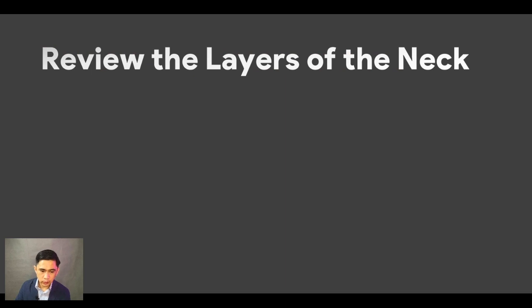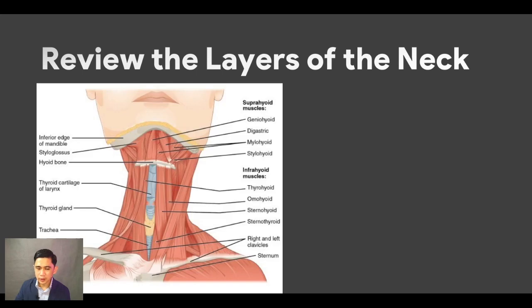In order to do the emergency tracheostomy, you just have to know the trachea. For this slide, we already discussed strap muscles, thyroid, and the trachea. So to do emergency tracheostomy, you just have to review the structures before the trachea, including the thyroid. Again, we'll review skin, platysma, strap muscles, left and right.